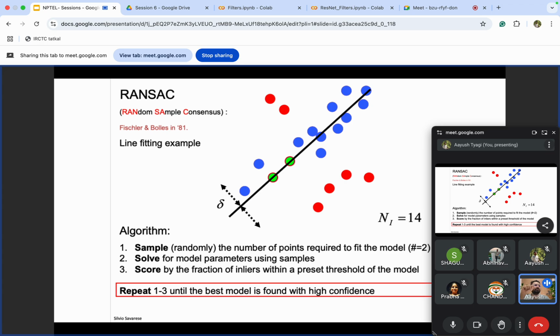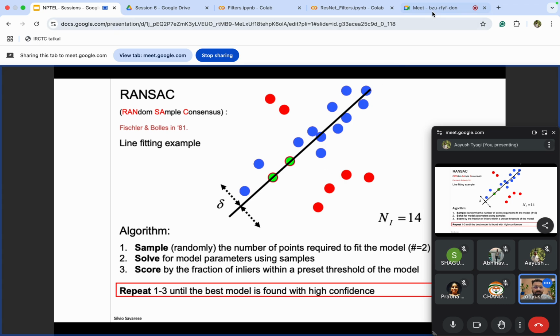You have multiple edges and you want to create a line out of those edges. You have many points corresponding to edges, and the goal is to find a complete line which connects these multiple edges into one line. So the line detection problem was solved using this RANSAC algorithm.